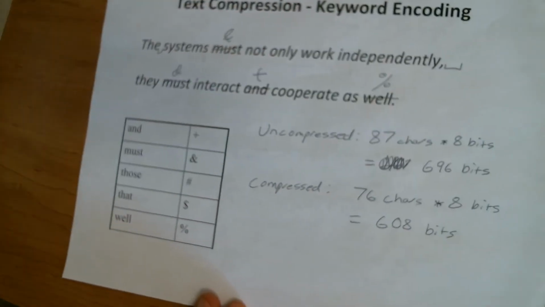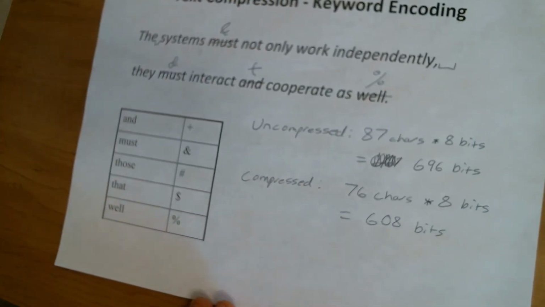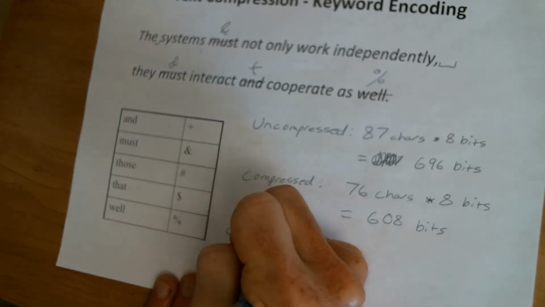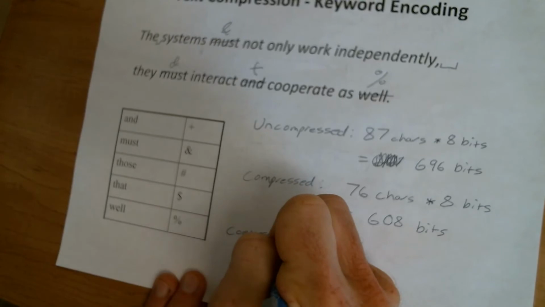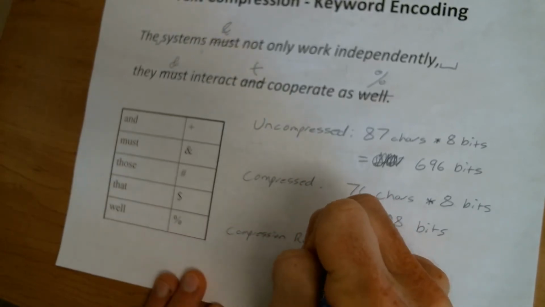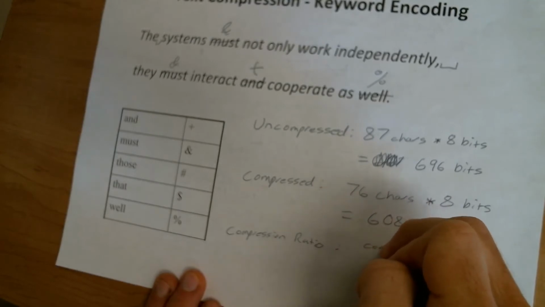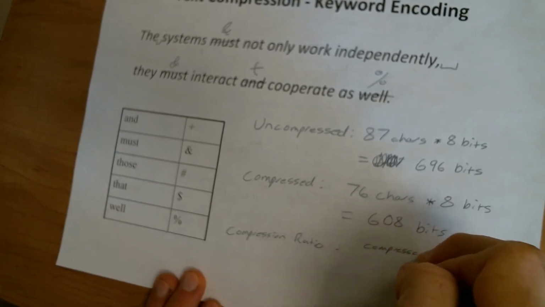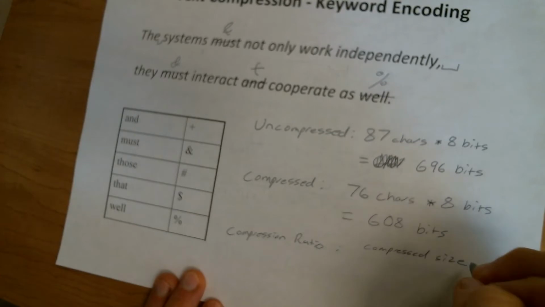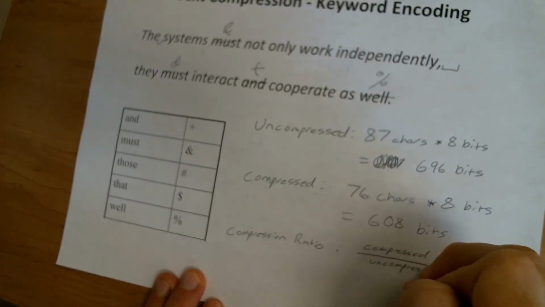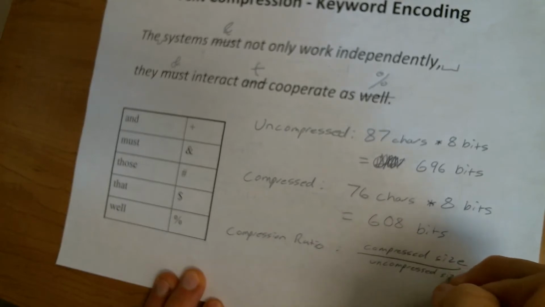So the compression ratio is just putting the compressed size over the uncompressed size. So when we're doing a compression ratio, it's just the compressed size over the uncompressed size.